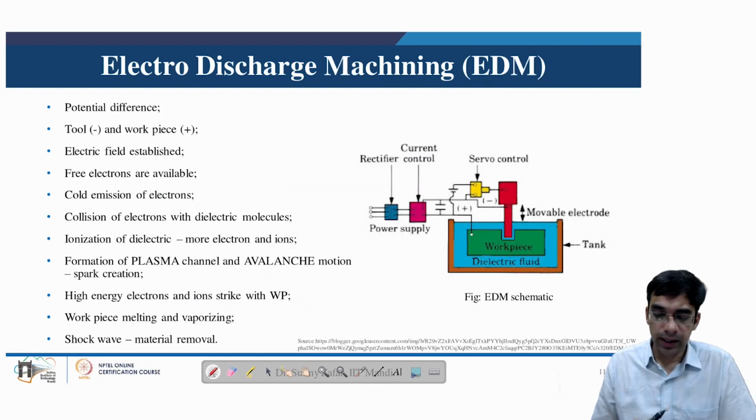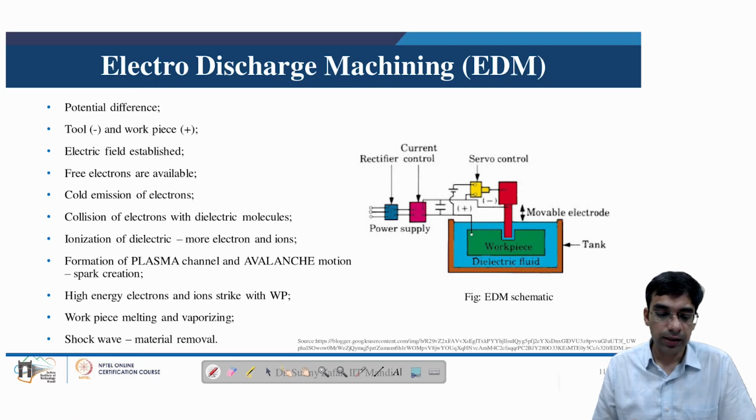So we can see that the EDM process revolves around development of a potential difference between the tool and workpiece. The electric field is established, so free electrons are available. Once the discharge starts, cold emission of electrons is happening. Collision of electrons takes place with the dielectric molecules, upon which ionization of the dielectric takes place. More electrons and ions are generated.